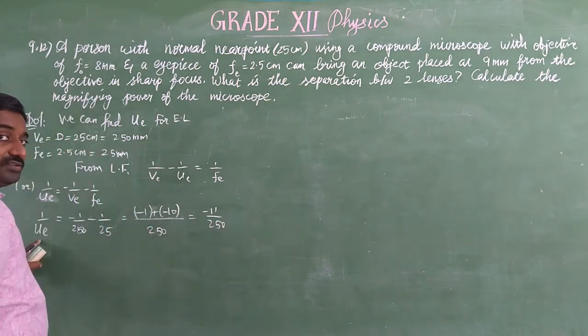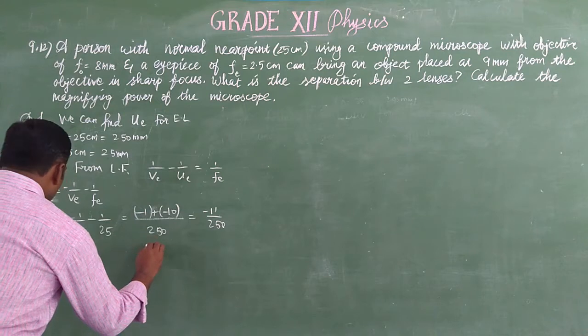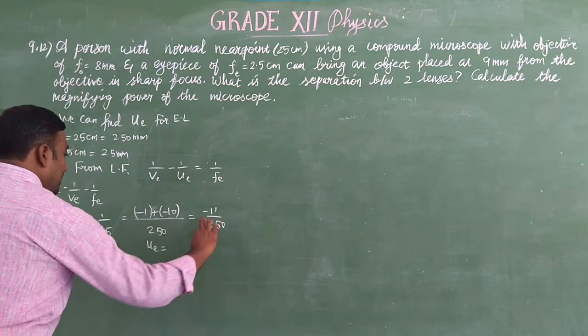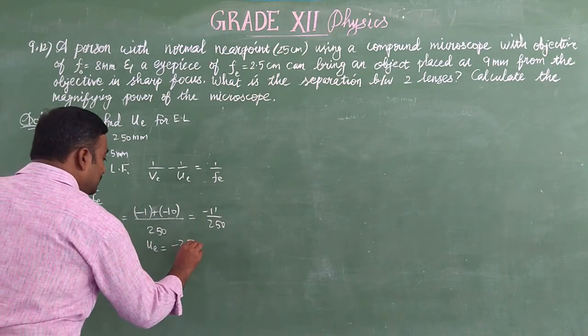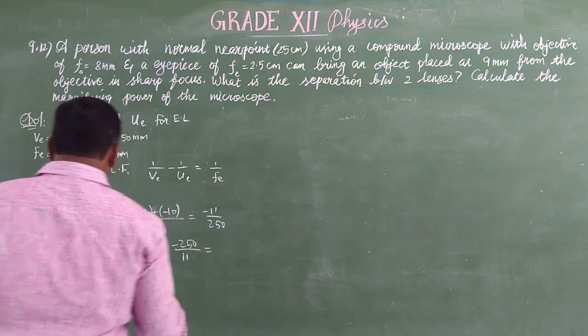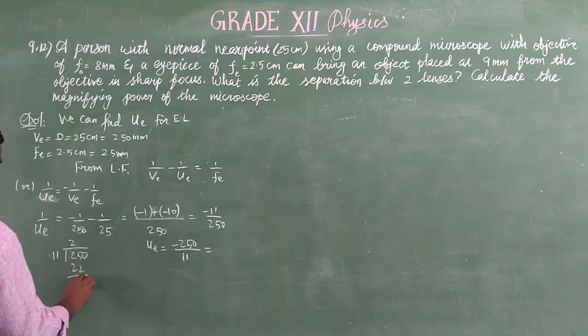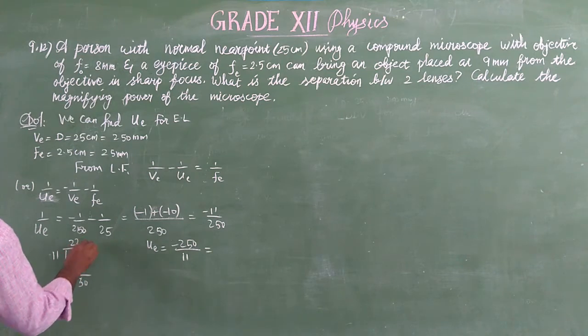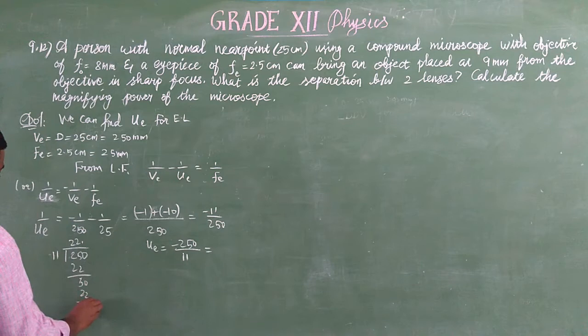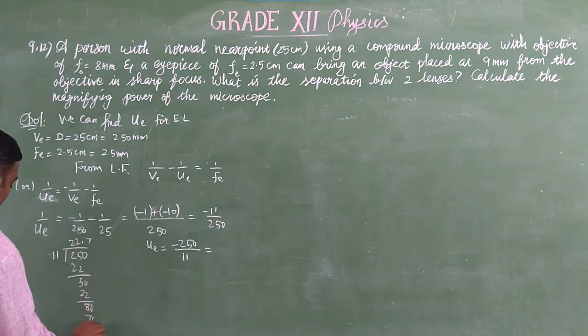But we want the object distance of the eye lens. So UE is equal to, taking the reciprocal on both sides, minus 250 by 11. Dividing 250 by 11: 2 times 11 is 22, remaining 3, 30. Again 2 times 11 is 22, remaining 8. 7 times 11 is 77, remaining 3.